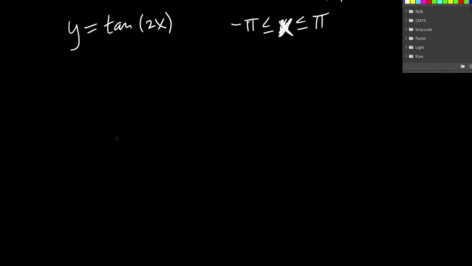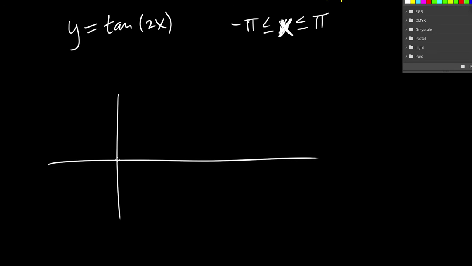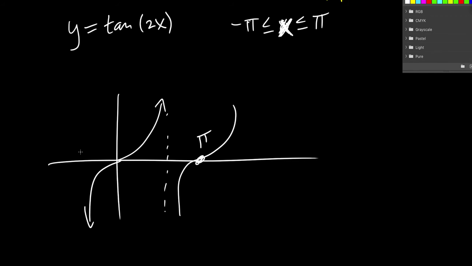If we draw our original tangent function, that's pi, that's negative pi. I know that's kind of a messy drawing. You can always look in your book for a better drawing if you want to see that.